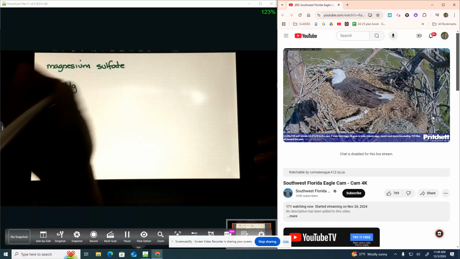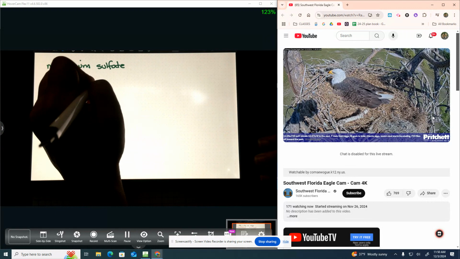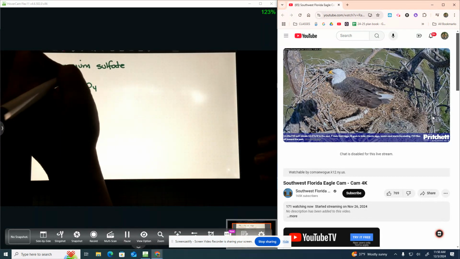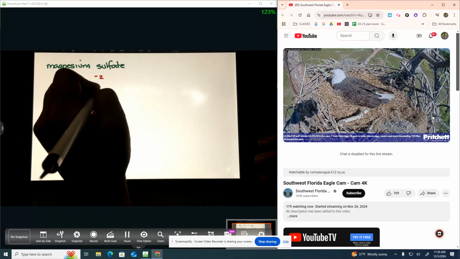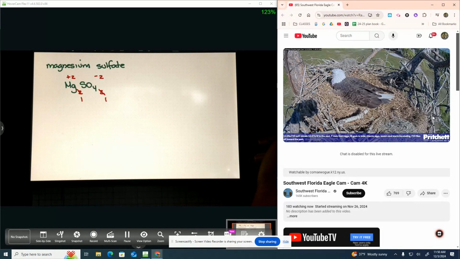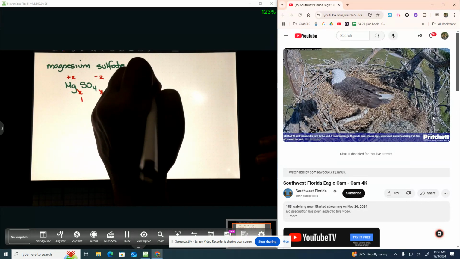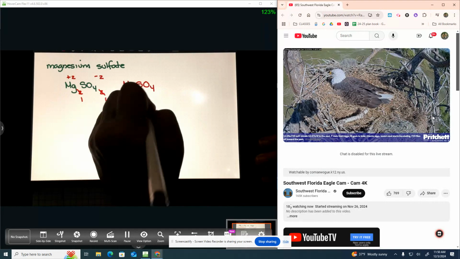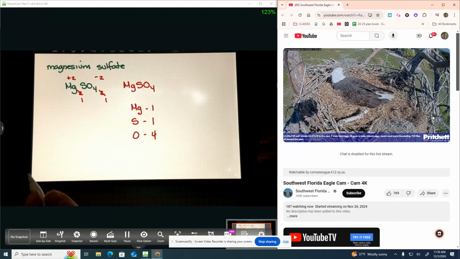So we've got magnesium, which is Mg. We've got sulfate, which is SO4. We're going to put the charges in. We're going to cross them down. And we're going to lower it to the lowest whole number ratio. So our formula looks like this, MgSO4, which means we have 1 magnesium, 1 sulfur, and 4 oxygens.